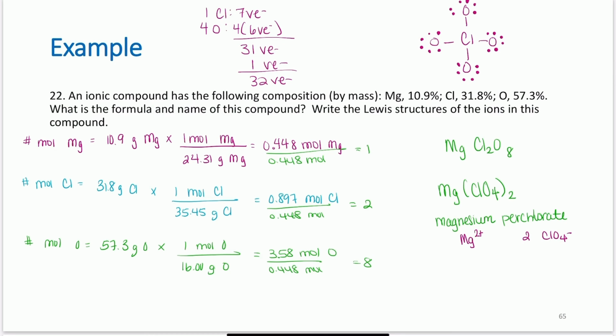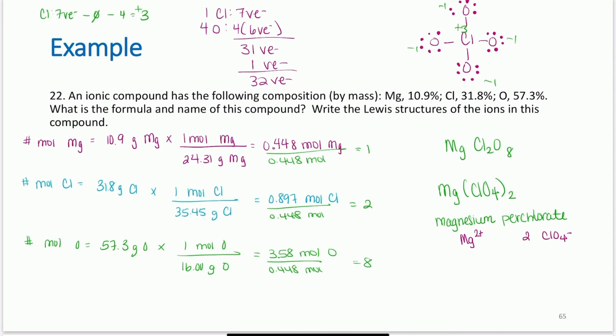Check your octets. Everything has its octet. Check your formal charge though. Each of your oxygen is -1 right now. Your chlorine, 7 valence electrons, no lone pairs, 4 bonds, has a +3 charge. It wants you to minimize that.